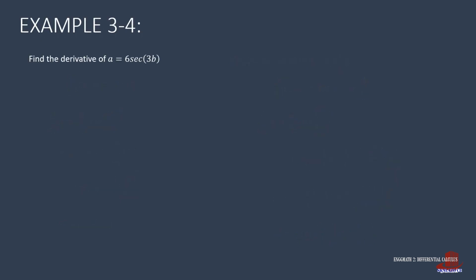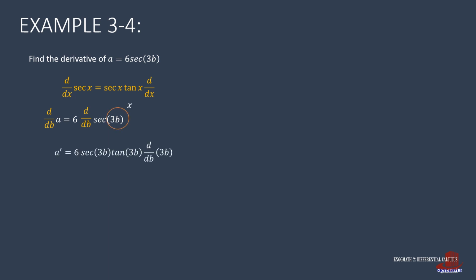Example 3 has the function a is equal to 6 times secant of 3b. The derivative of secant x is secant x tangent x. With differentiation, we take x as 3b. So a prime is the constant 6 times secant of 3b times tangent of 3b with the derivative of 3b.